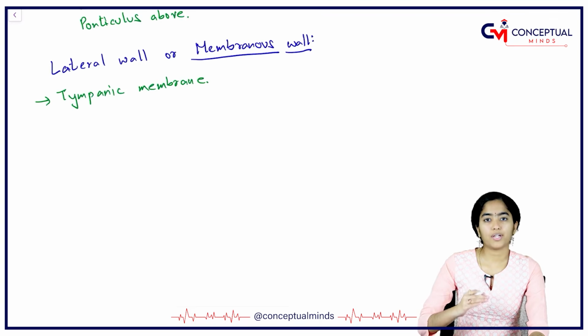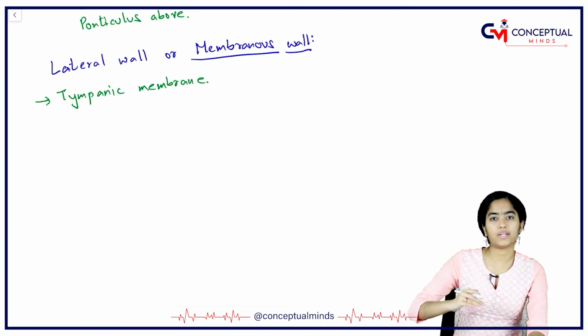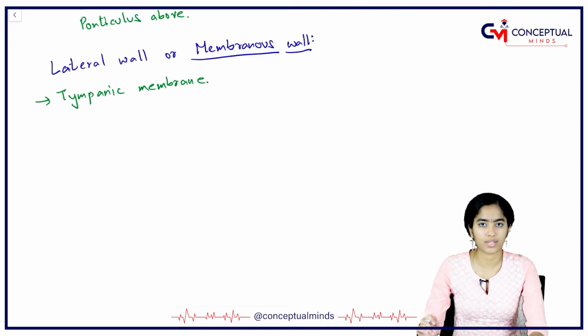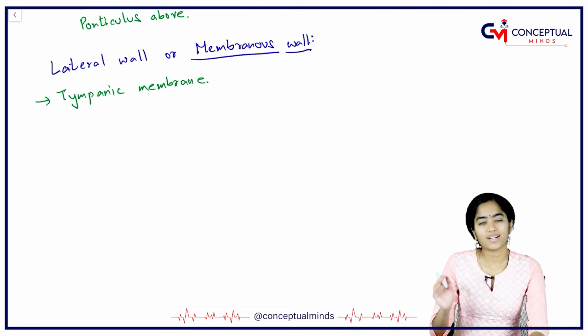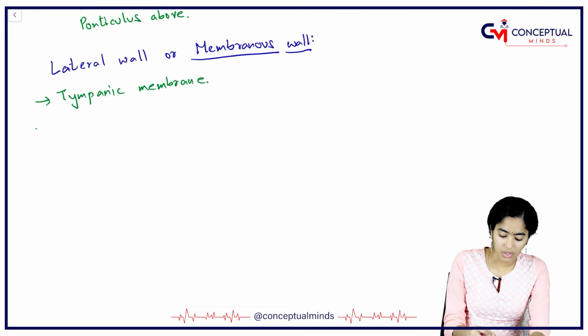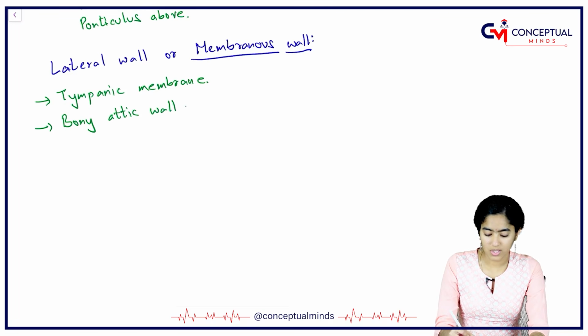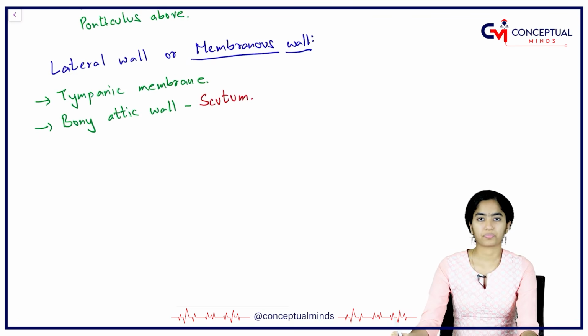So, we know that the part of middle ear lying opposite to tympanic membrane is mesotympanum, but there is a part of middle ear above pars tensa also, that is epitympanum. Now, what is the lateral wall of epitympanum? It is the bony attic wall, that is called scutum.